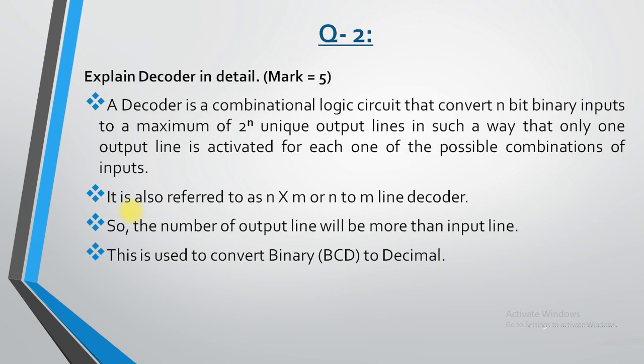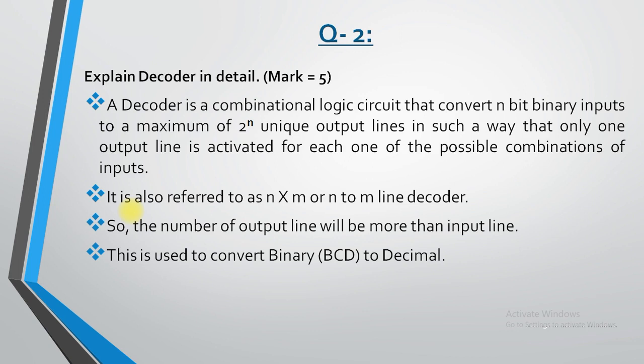Decoder means what? It is a combinational circuit which is responsible to convert n number of input to the 2 raised to n output. You can refer it as a n by m decoder. When in exam BCD is asked, at that time also you need to write the concept of decoder.